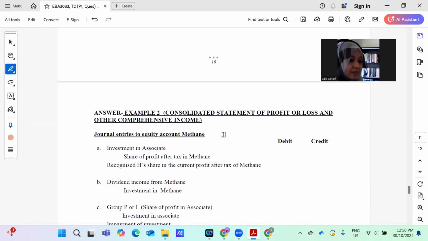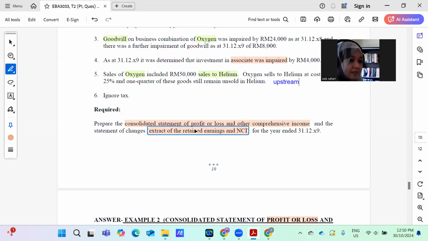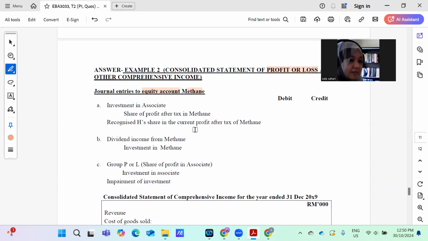If you prepare the consolidated statement of profit and loss, the journal entry using the equity accounting method for associate, commonly we have these three entries. First, you need to recognize share in the current profit. Second is the dividend part. And the third one is the impairment.